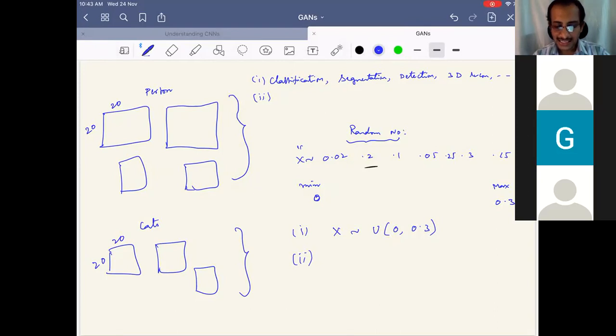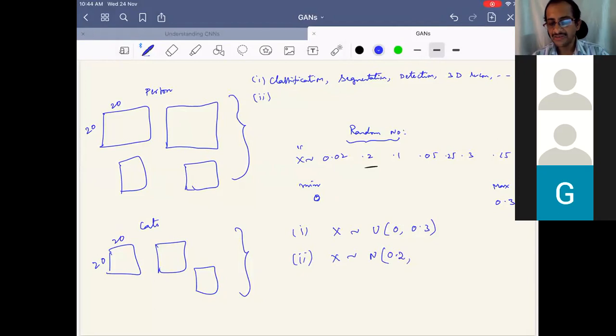So in that case, these might also have come from what? Might be a Gaussian distribution, with mean 0.2 and some variance.